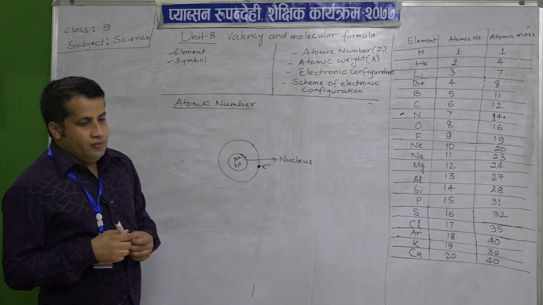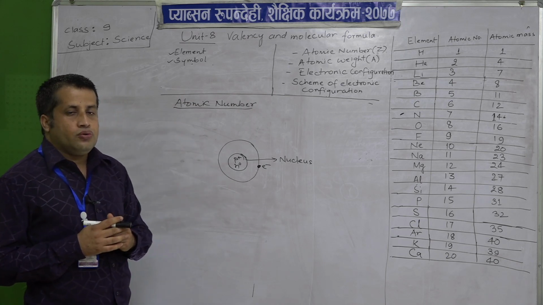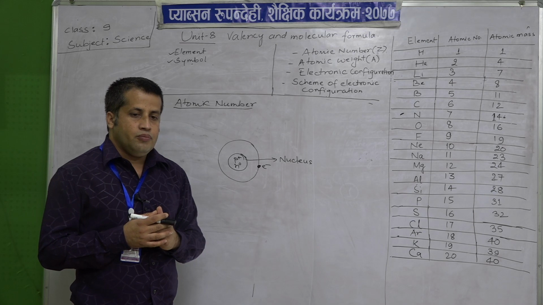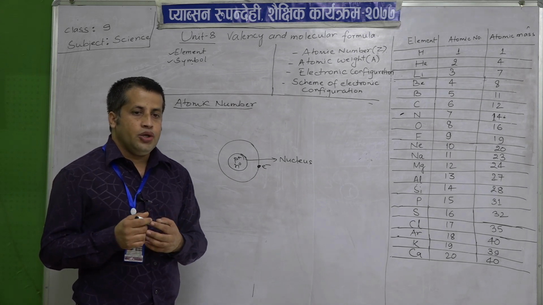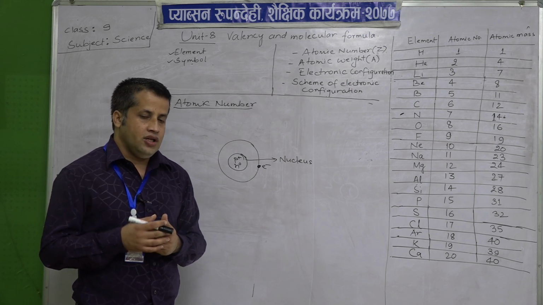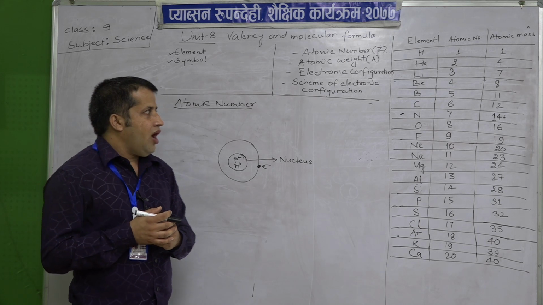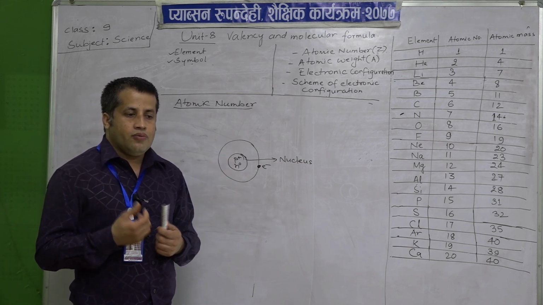Now, atomic number is very important for all of you to know, because if you know the atomic number of an element, you can easily do the electronic configuration, which we will study soon, and after that valency and how a molecular formula is formed.